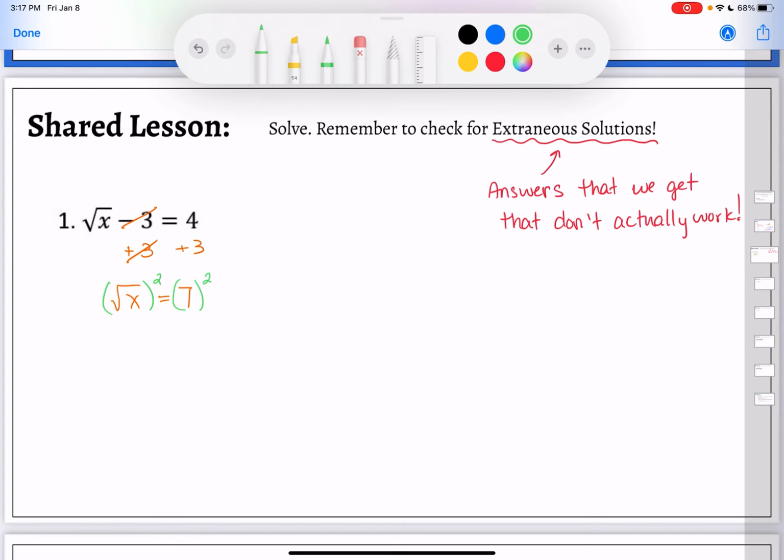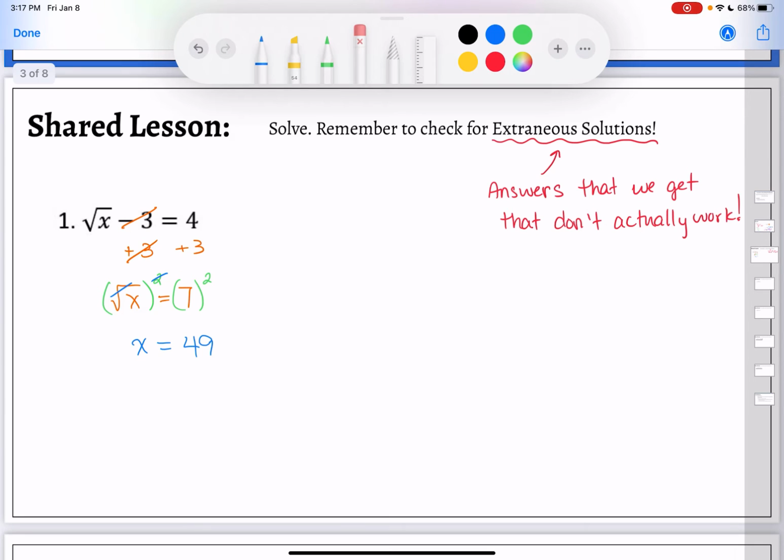Now, back when we did Pythagorean theorem, you were given x squared and you had to square root both sides to get rid of it. So just remember, notice what you have in the problem and do the opposite operation to get rid of it. So in this case, it's going to be squaring both sides. So square root and squared cancel out. So I'm left with plain old x on the left. On the right, I have 7 squared, which gives me 49. I'm not sure why that's showing up down at the bottom. Sorry about that. Okay.